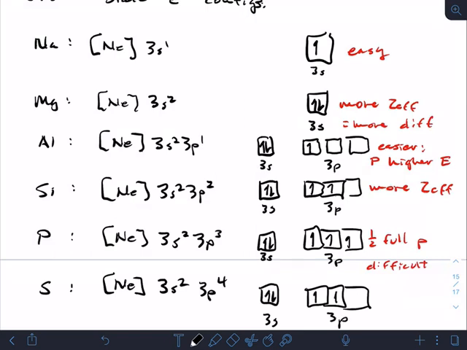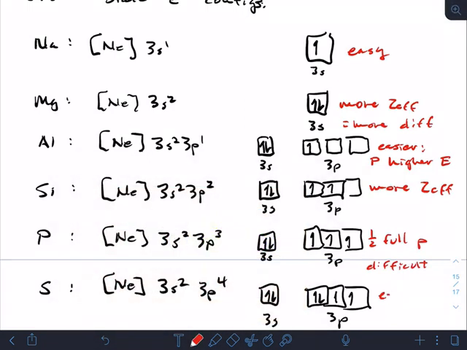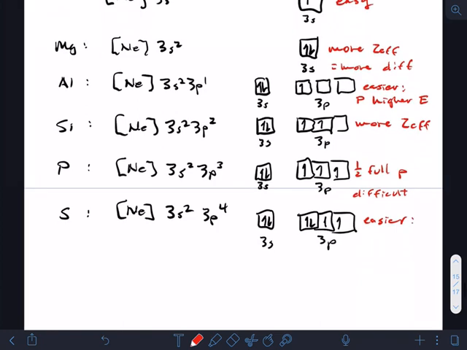I should be labeling these. All right. When I get to silicon, this is going to be a little easier. If I lose that p, I get back to half full.